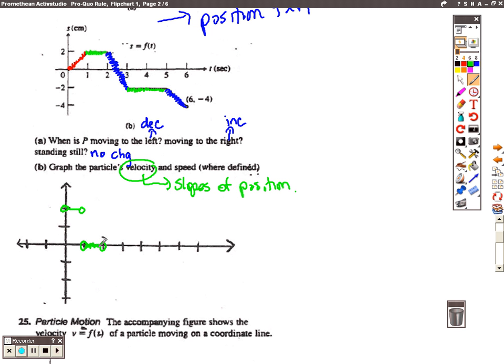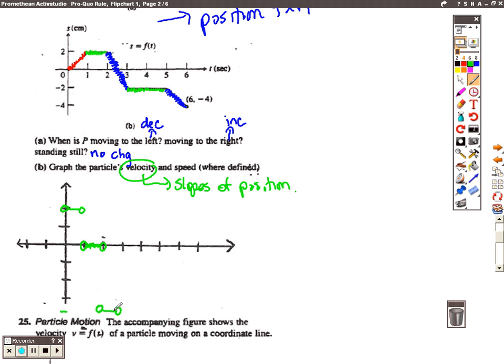From 2 to 3, we're going to drop 4 and run to the right 1. So we're dropping 4, right 1, so I need another increment here because that's negative 4. So from 2 to 3, negative 4.